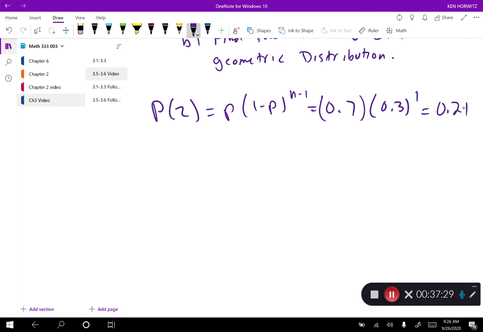So the probability that she'll hit on her second shot is 0.21, or a 21% chance.